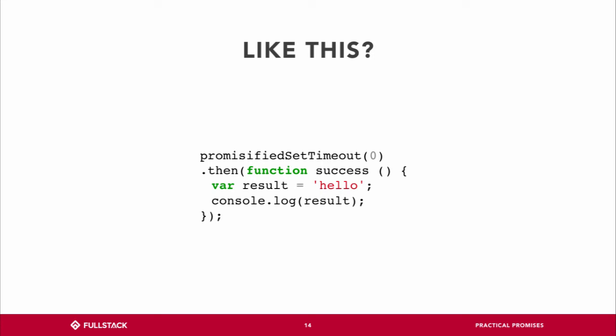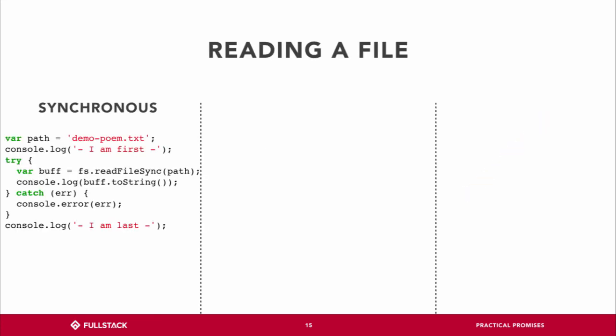So the logic would dictate here that this is going to get called back rather quickly. When it gets called back, we could assign this result variable, and then we could log out this result variable.